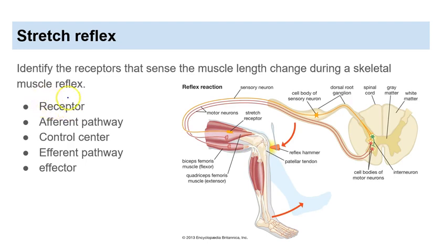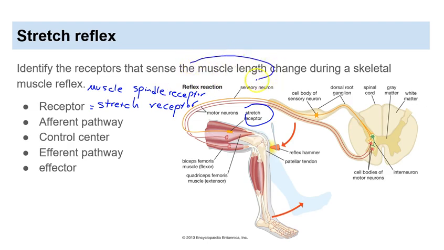So the receptor for the stretch reflex is going to be found within the muscle, and is called the stretch receptor, also known as the muscle spindle receptor, which is so sensitive to muscle length.